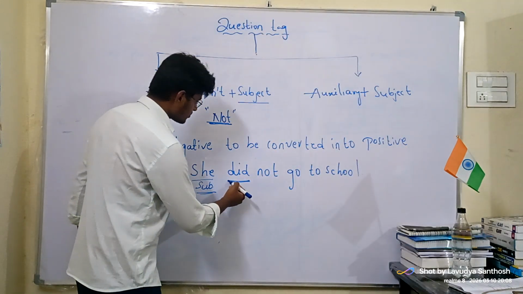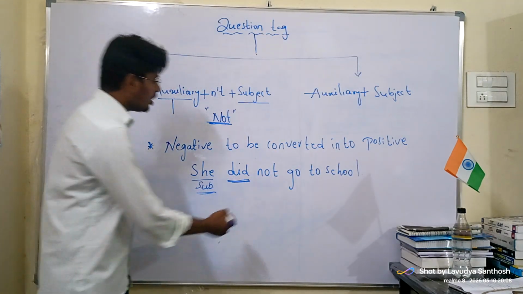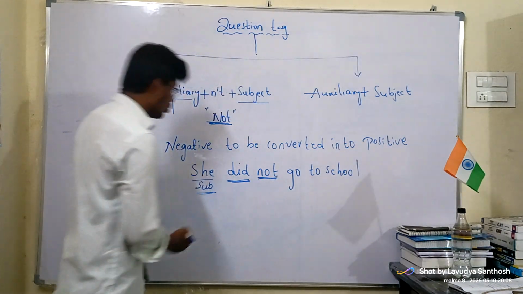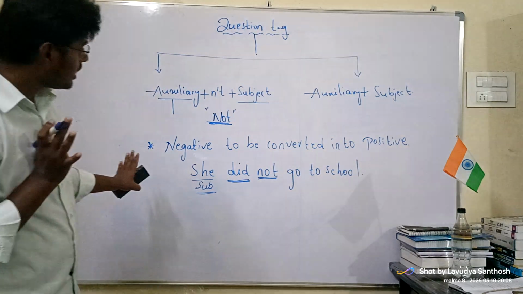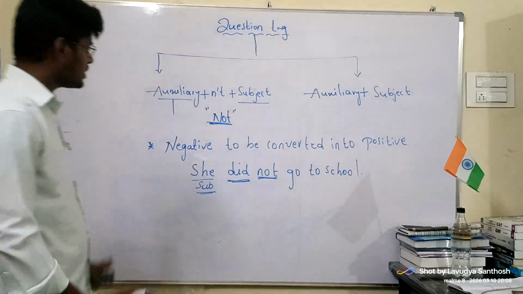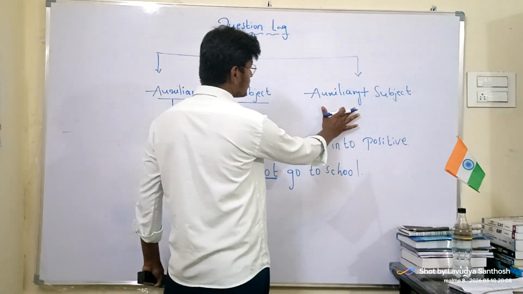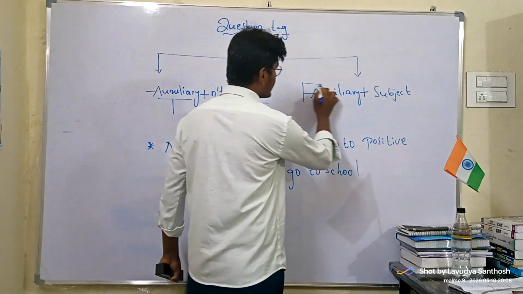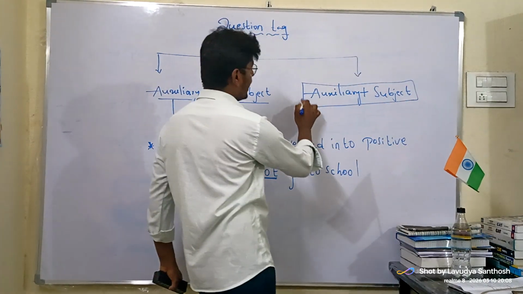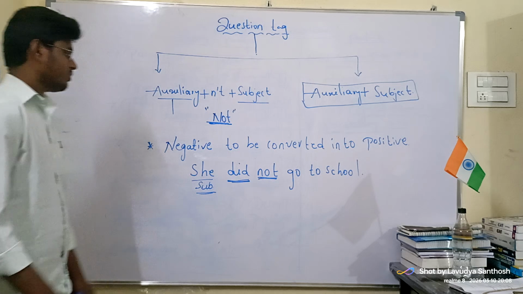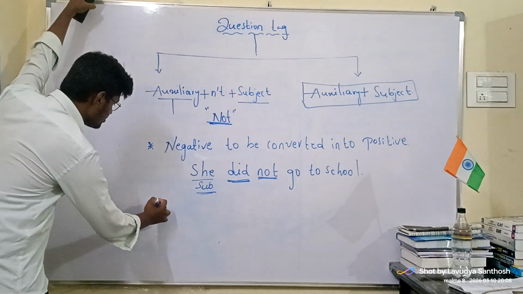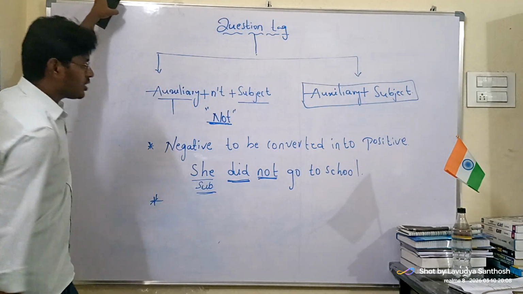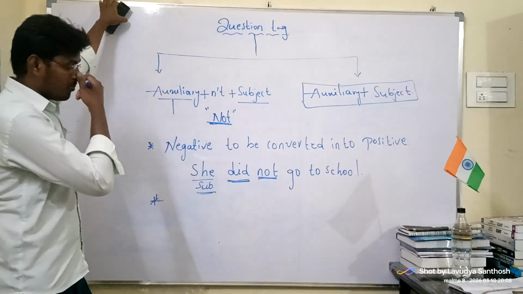Now you see, did not is already given. Not is there in the sentence. So we have to use this formula. In this formula, only the auxiliary and the subject must be there. How to convert into positive form?